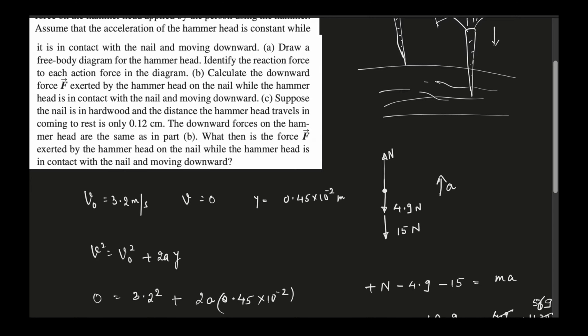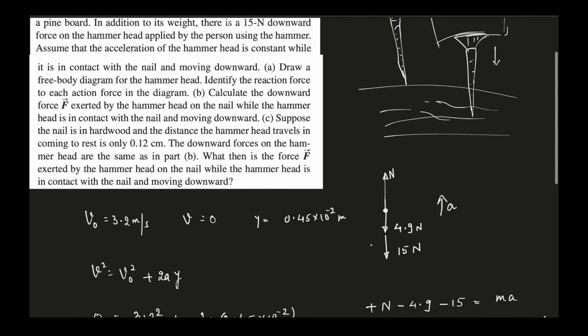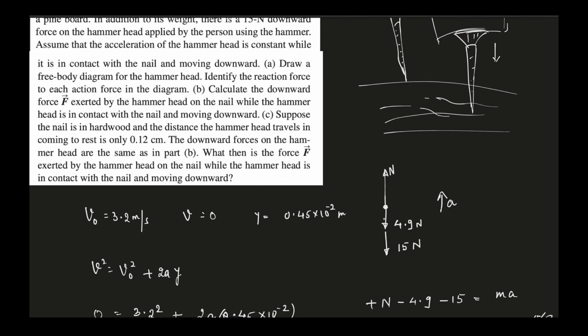Identify the reaction force to each action force in the diagram. So there is one action-reaction pair between the nail and the hammer. Since we are drawing the free body diagram for the hammer, we will look only at this.